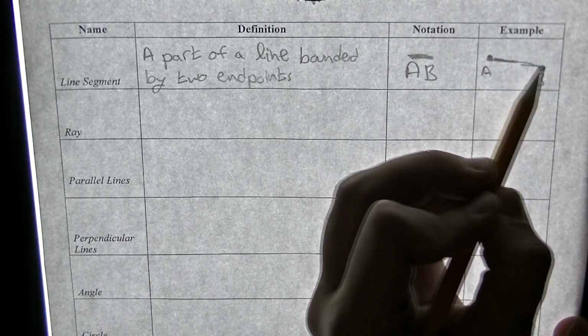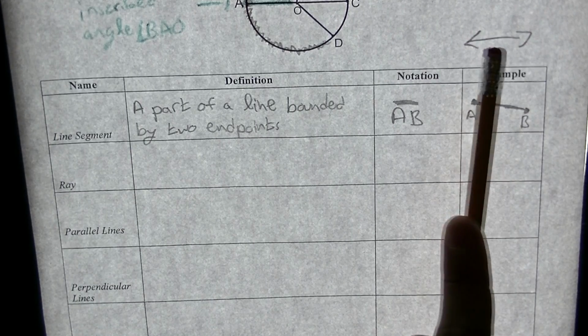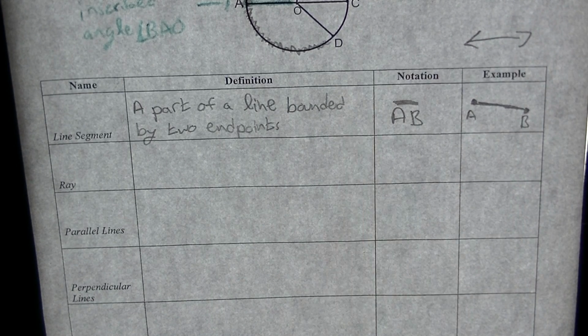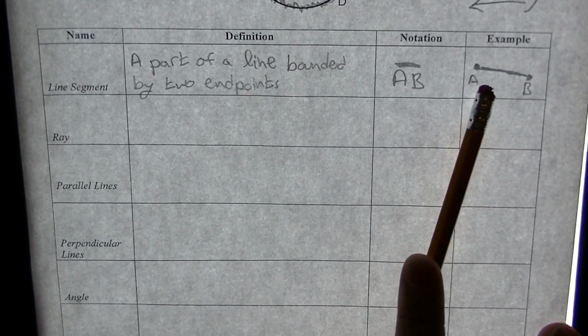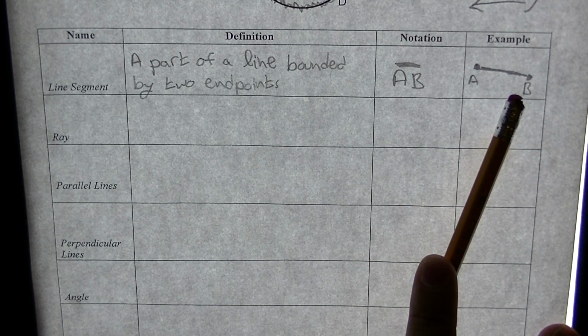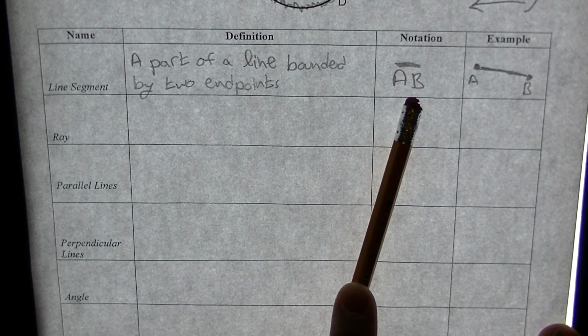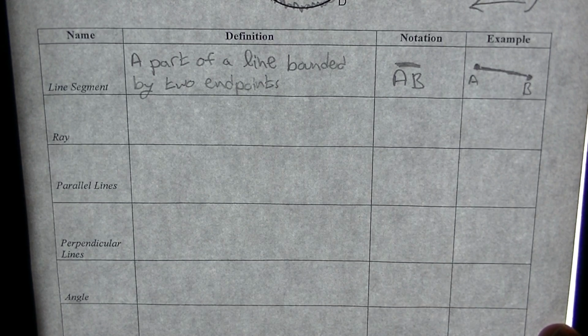So don't forget, a line is a thing that just keeps going on forever in 2 directions. A line segment has an end. It ends at my 2 endpoints. So this is line segment AB. And the way you would read this notation is line segment AB.